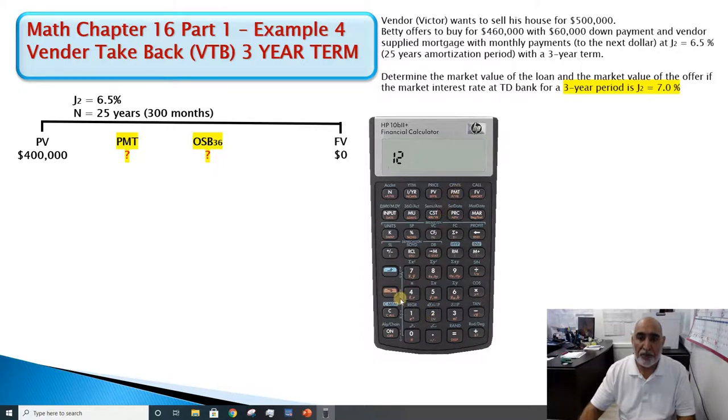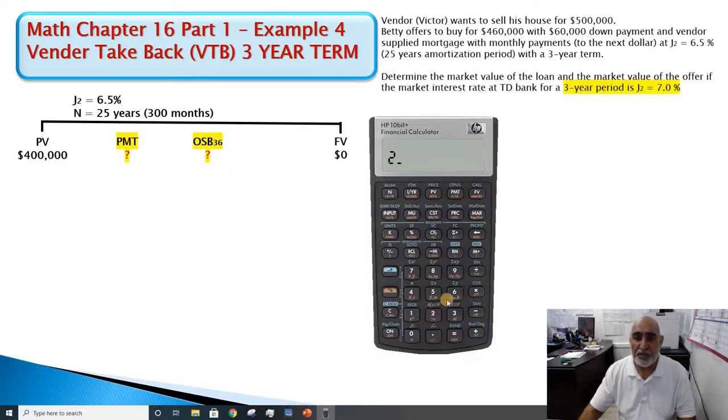That's step 4, and step 5, we have J12. Good. N is 300. PV is 400,000. Payment, we're looking for, with 0 for final value. The payment is to the next dollar, so it'll be 26.80.